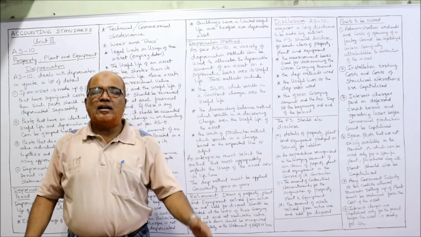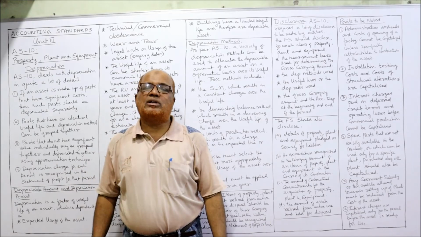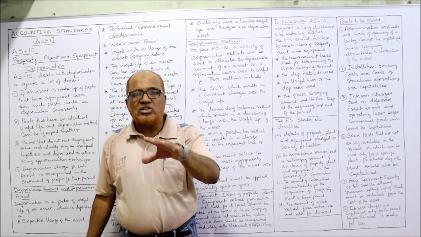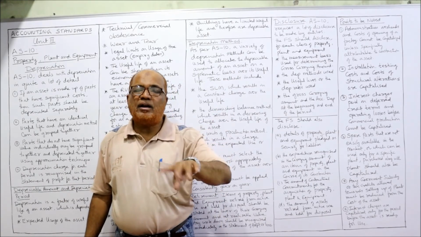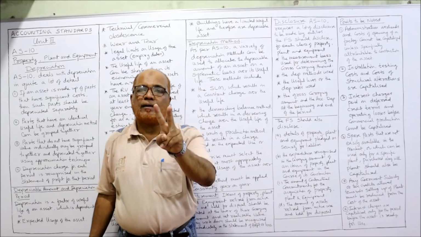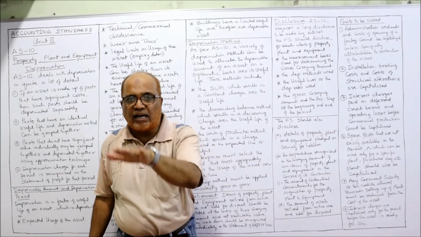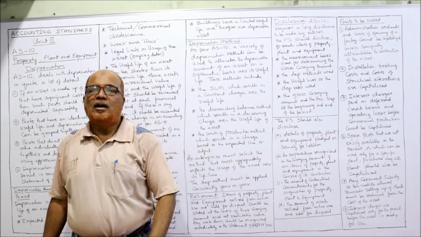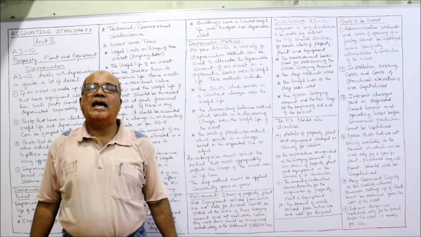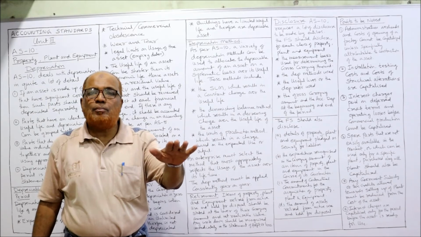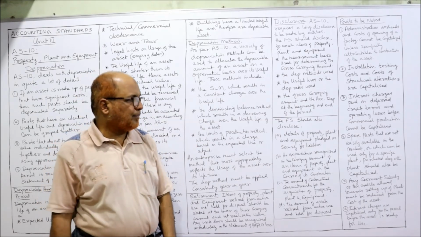Example, an enterprise has purchased one plant for 10 lakh, but for purchasing this plant, the government has given a subsidy of 2 lakh. So this 2 lakh subsidy should be deducted from the cost of the plant. 10 lakh minus 2 lakh, 8 lakh. Now the depreciable amount is 8 lakh.